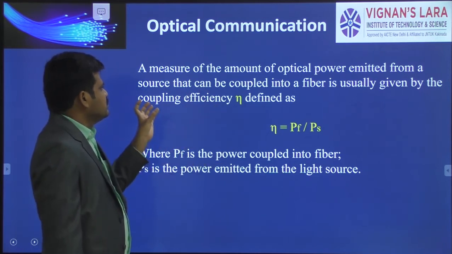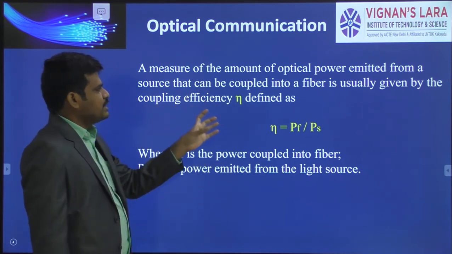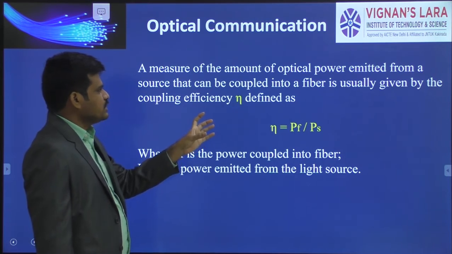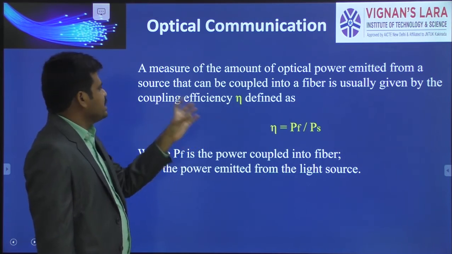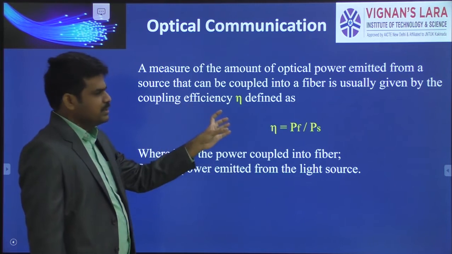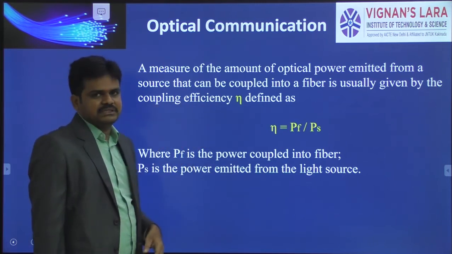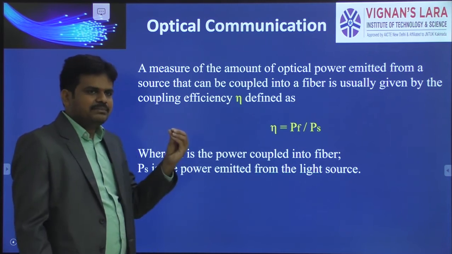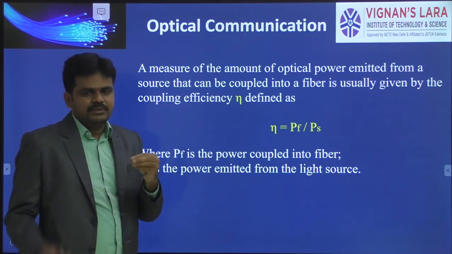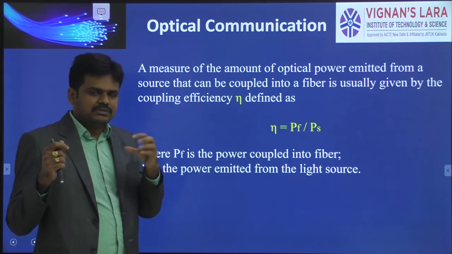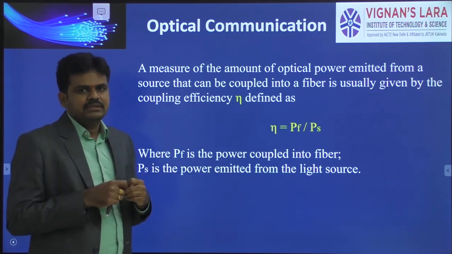The next one is a measure of the amount of optical power emitted from a source that can be coupled into a fiber, which is usually given as coupling efficiency. You have coupled the optical source with the optical fiber.